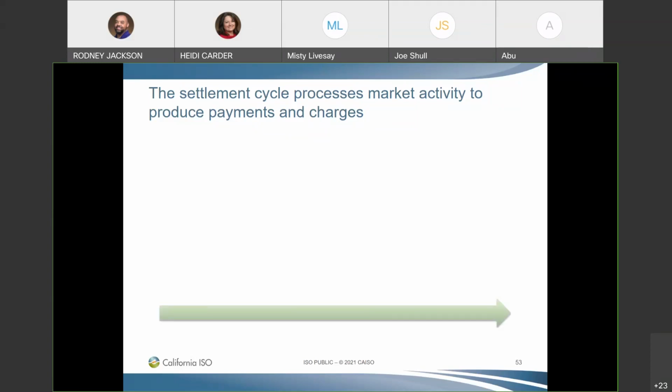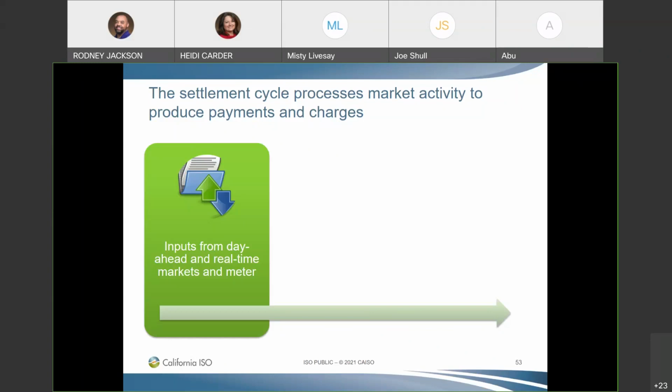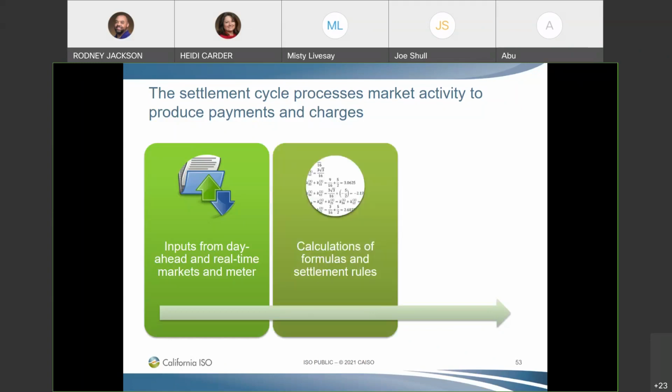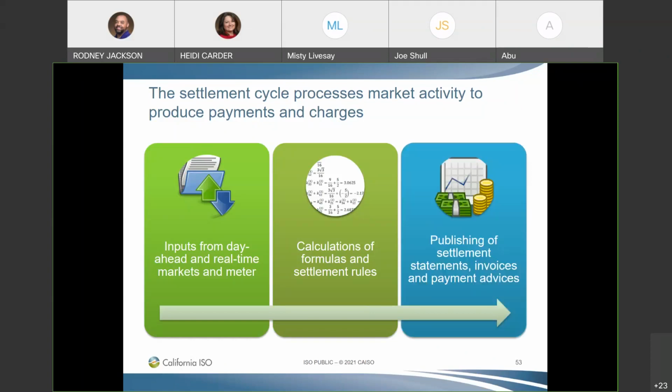Formulas are associated with each charge code to determine how transactions are to be settled, and these calculations are broken down on the daily settlement statements. Then they are collected into weekly invoices, which identify charges to be remitted, and payment advices that will show what will be paid out, and then you get your settlement statements.